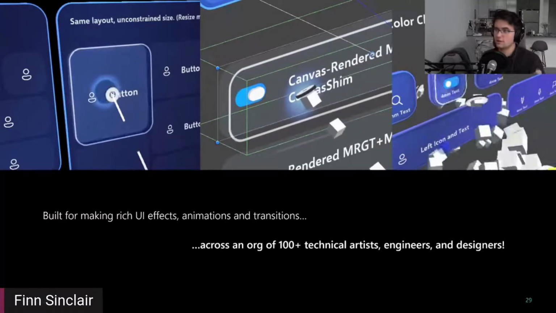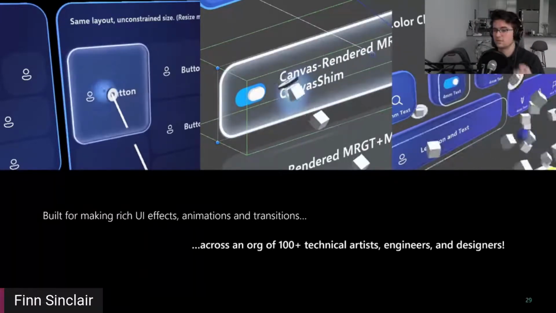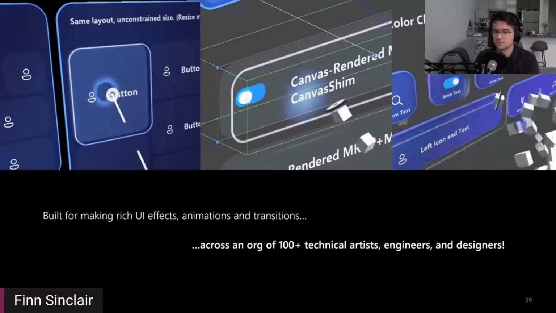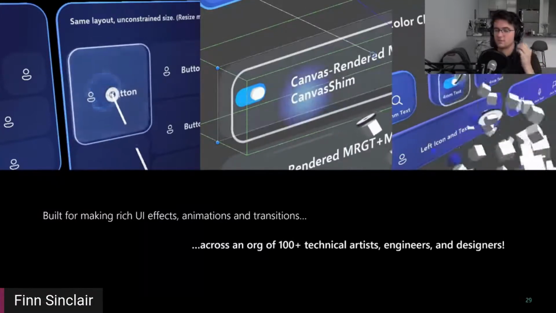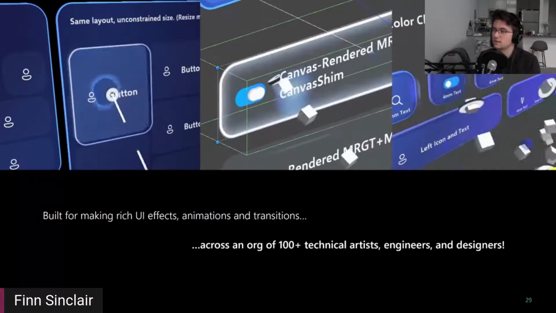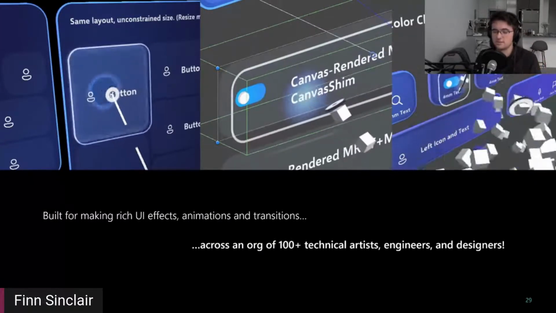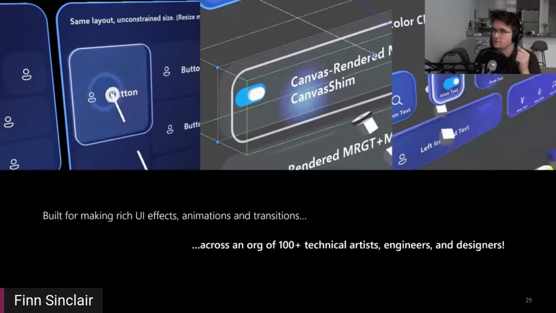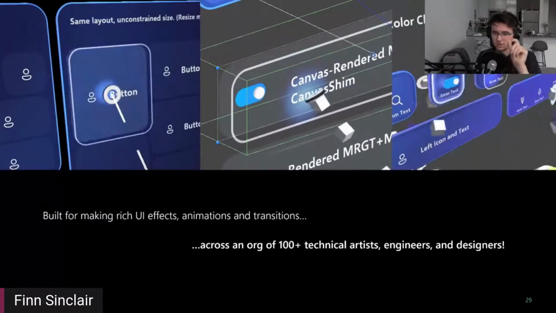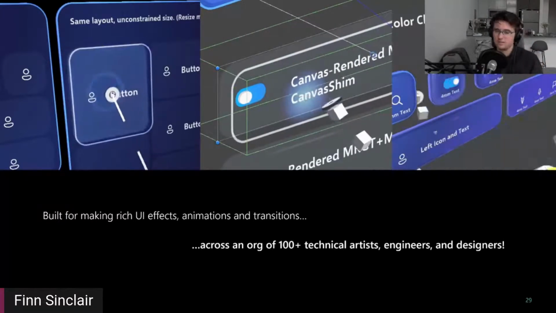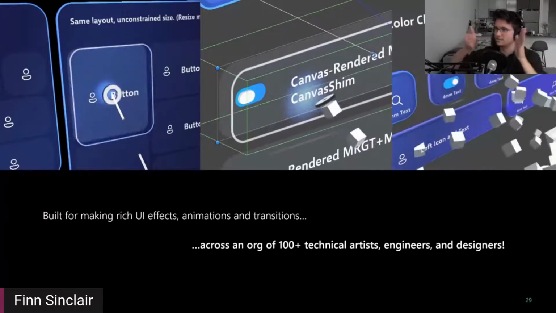So this is showing all of the cool different things that you can do with that state visualizer component I was talking about earlier. State visualizer is designed in a very, very easy, no-code, designer-driven workflow. You can basically author all of these fun little micro interactions, like that little toggle switch doing its little grow and shrink, or these pulses, or the glow of the back plate as the front plate approaches it.